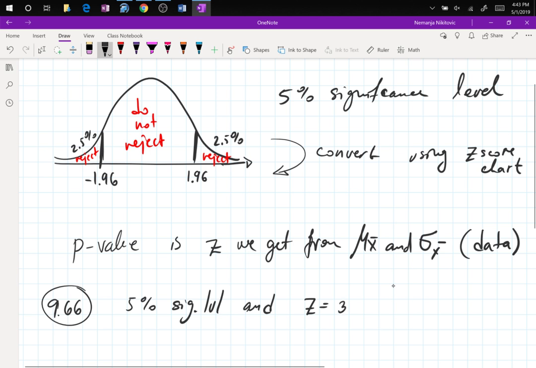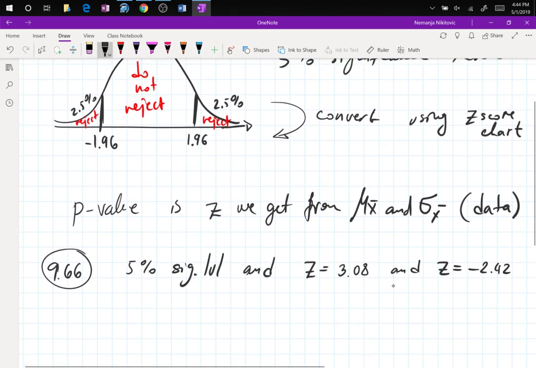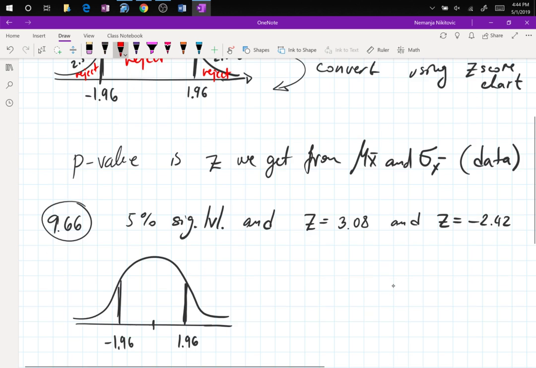3.08, and another z is given as negative 2.42. This is not LUL, this is level. There we go. The value is at 3.08, which is here, so definitely reject.